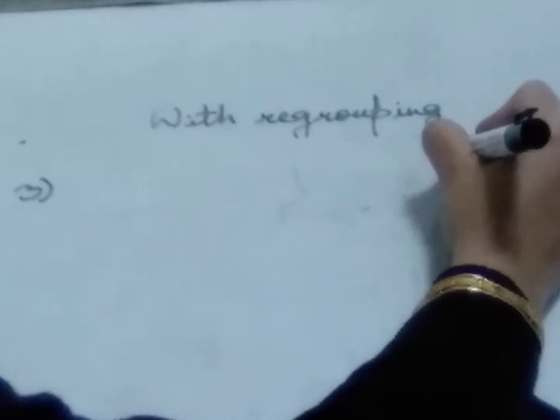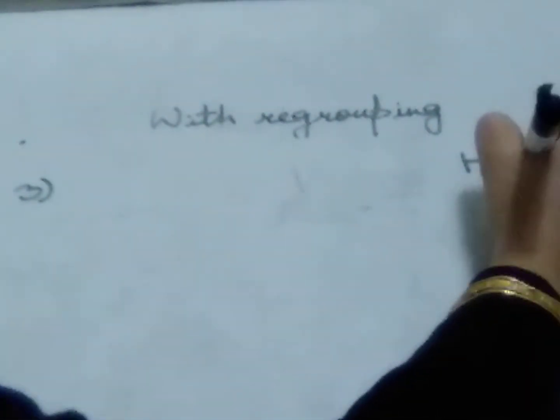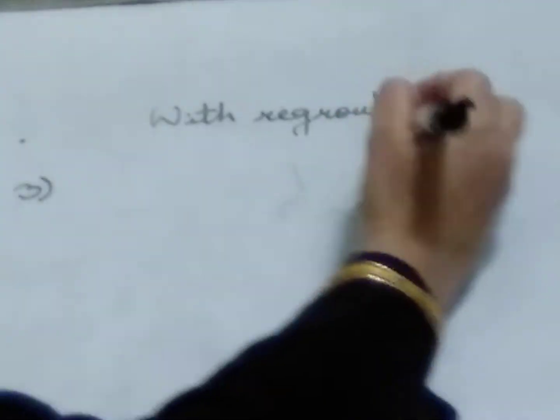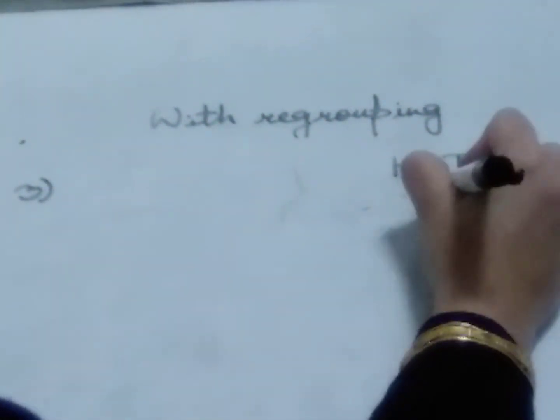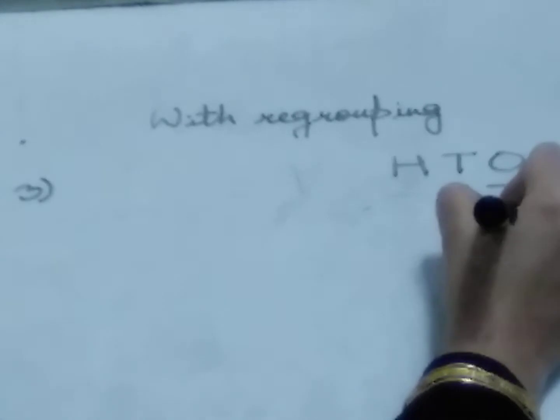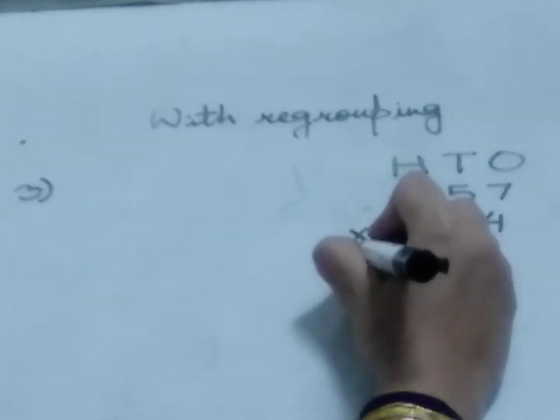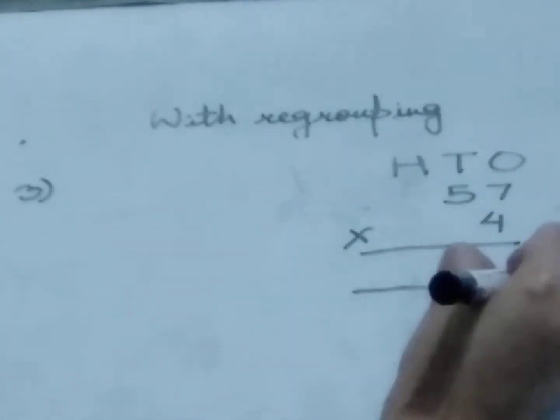Next question is H T O, 57 multiplied by 4. Now find the product.